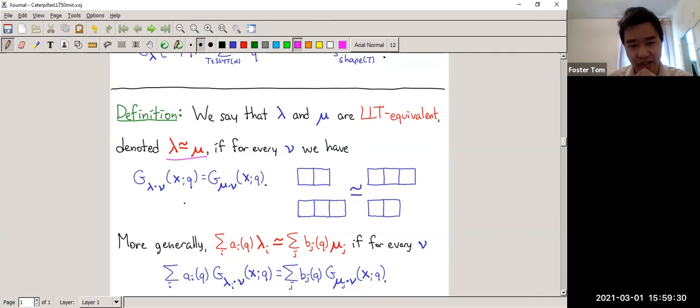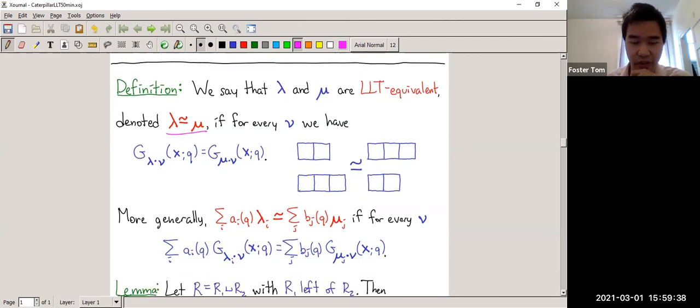There are plenty of cases where the LLT polynomials are equal, but not if we append some other shapes. I looked into it a little bit and found some necessary conditions, but in general, not too much is known. Thanks.